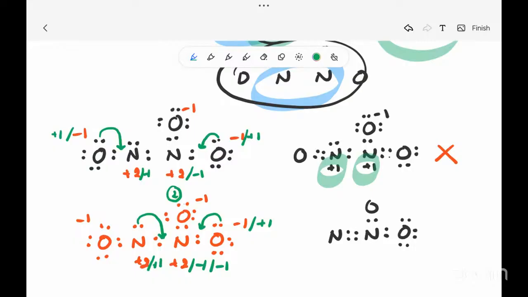Then we can see something like this. Oxygen, single bond, like this, and this will induce a plus 1 charge. This one has induced a negative 1 charge, and this one 0 charge. This one has induced a minus 1 charge, and this one has no charge here. Let me draw like this.